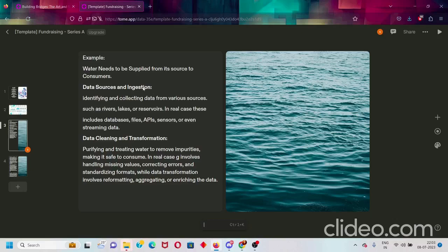We have these sources: databases, files. In these databases, we have a large amount of data, which is not clean data. Like in lakes and rivers, we don't have any clean water; it contains some impurities.